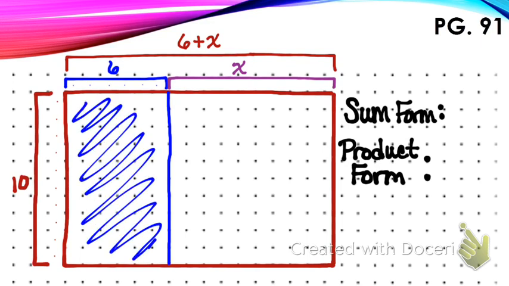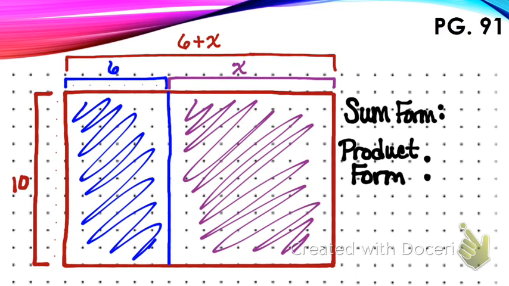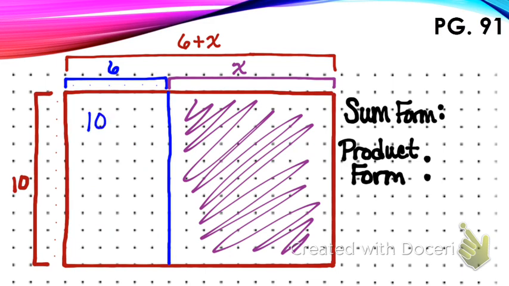I need the area of this one, and I need the area of this one. How do I find the area again? Length times width. So for the one that on my picture I scribbled in with blue, what am I going to multiply together to find that area? 10 times 6. So on mine, this one has an area of 60.